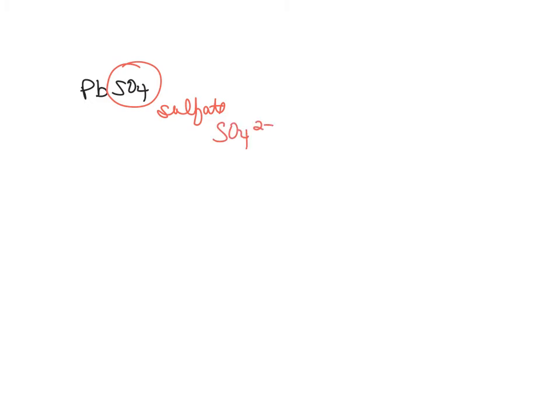Now, this is a metal. The metal's always first, and it's going to have a positive charge. And the anion is a polyatomic, so once you memorize the name, you write sulfate, and that always comes last.